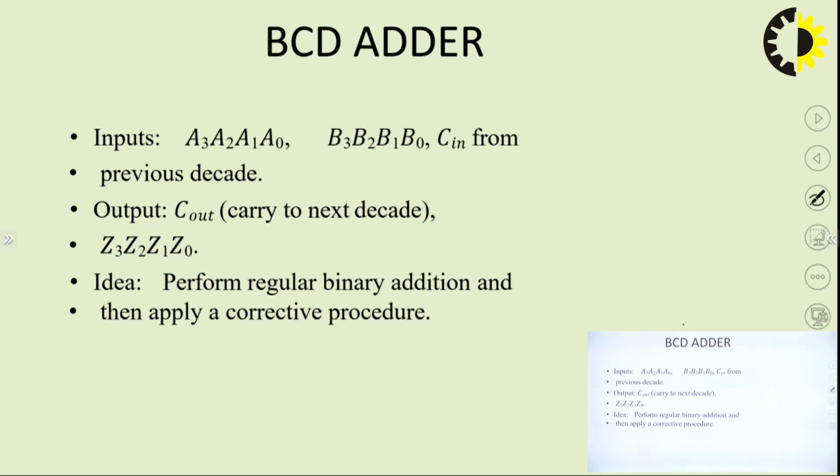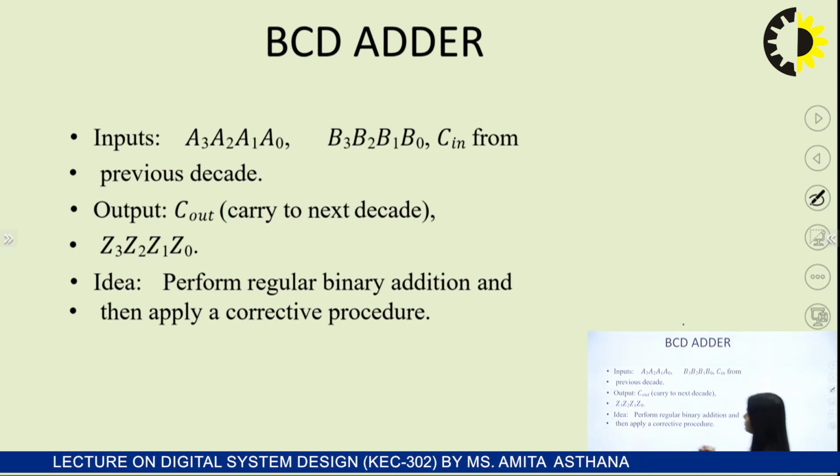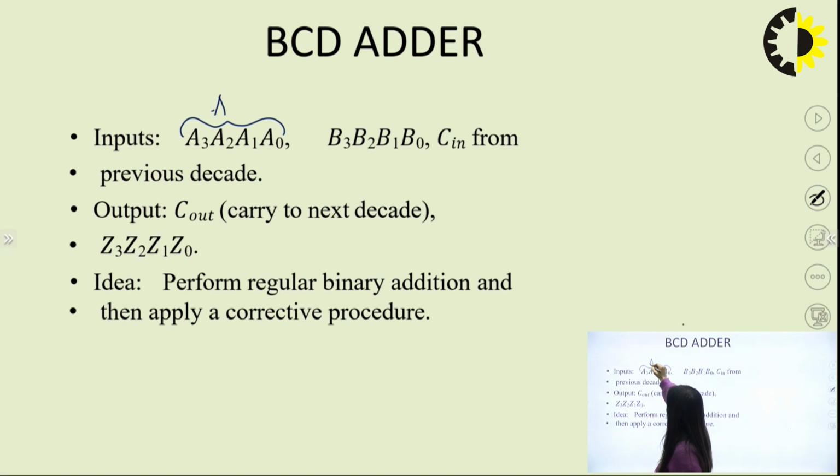Now next, since we want to add two BCD numbers, right? So I have two inputs. First is 4-bit number A, and second 4-bit number B. So A is A0, A1, A2, A3 and B is B0, B1, B2, B3, right?